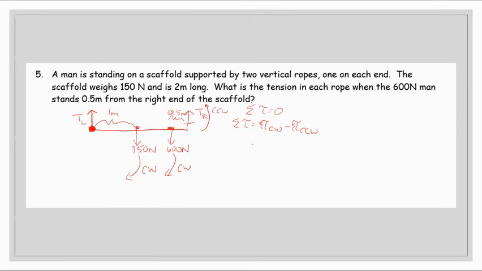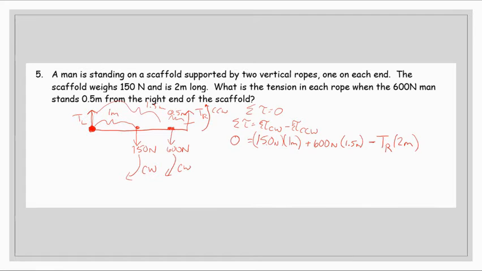So the sum of torque is equal to 0: 150 newtons times 1 meter plus 600 newtons times 1.5 meters, because remember, this distance is 1.5 meters, and then minus my tension right at 2 meters.